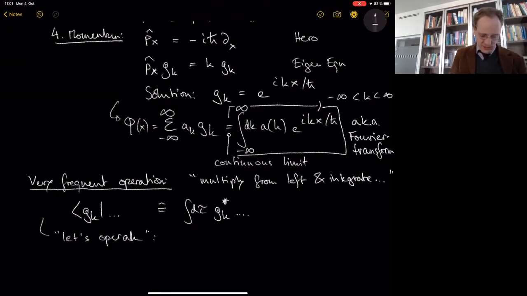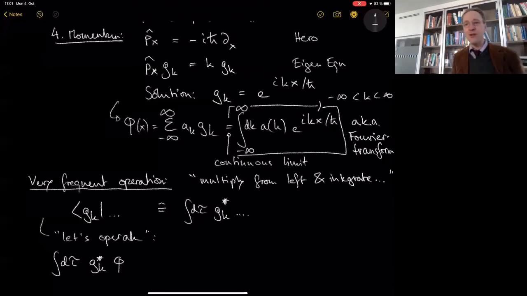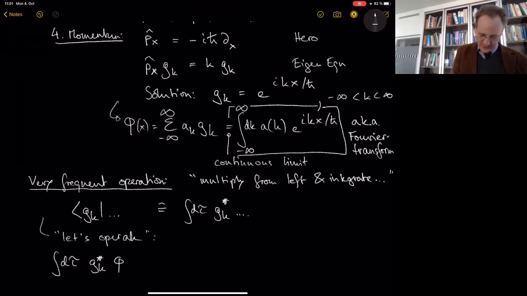So we operate now, integral over d tau, gk star on your phi. So what happens if you do that? Let's insert our expansion.